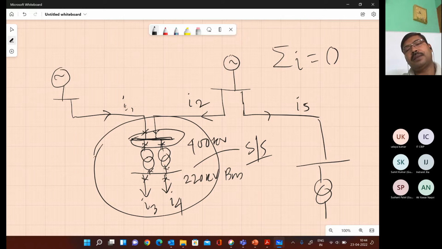Design means different voltage ratings, current ratings, and different problems, maintenance issues, design issues. So when we start the substation design, we have to adopt some bus switching scheme, correct? Understood?